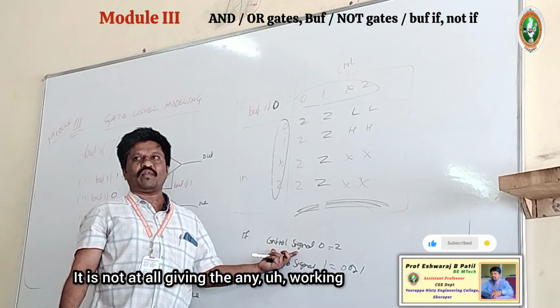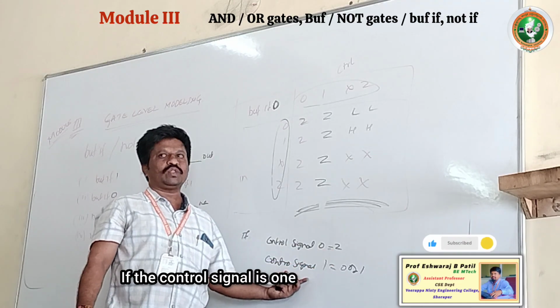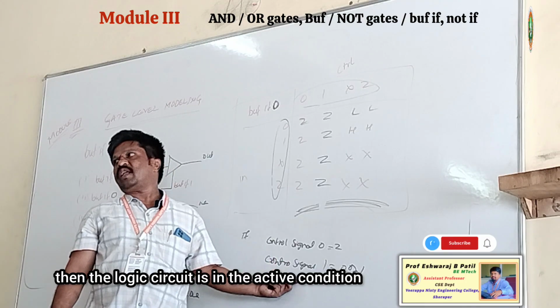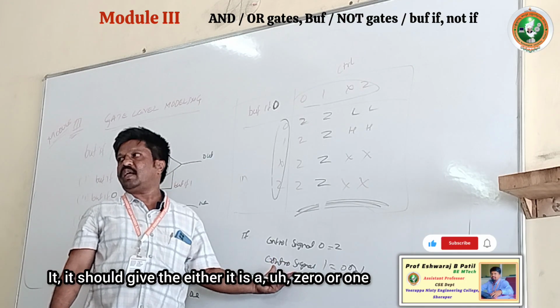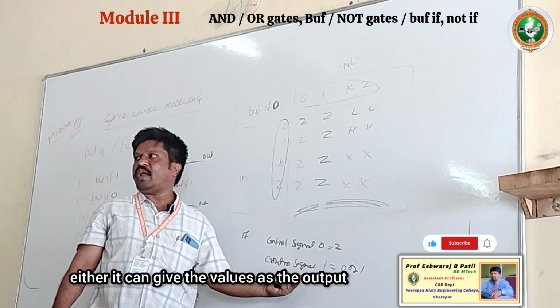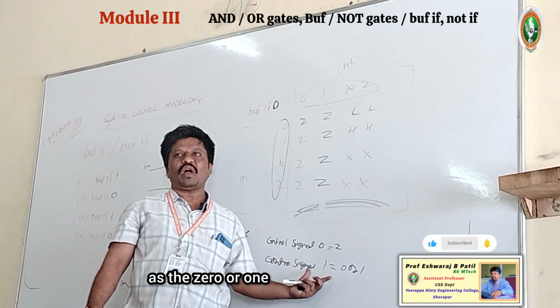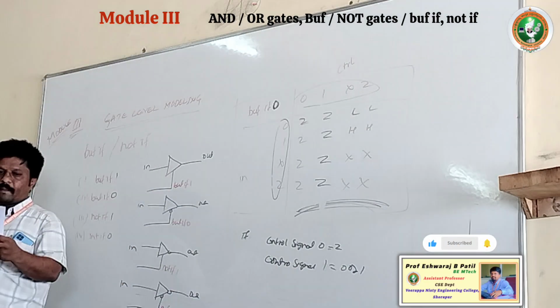That we call Z. If the control signal is 1, the logic circuit is in the active condition and it has to give some operation, either 0 or 1 as output. This we call the control signals.